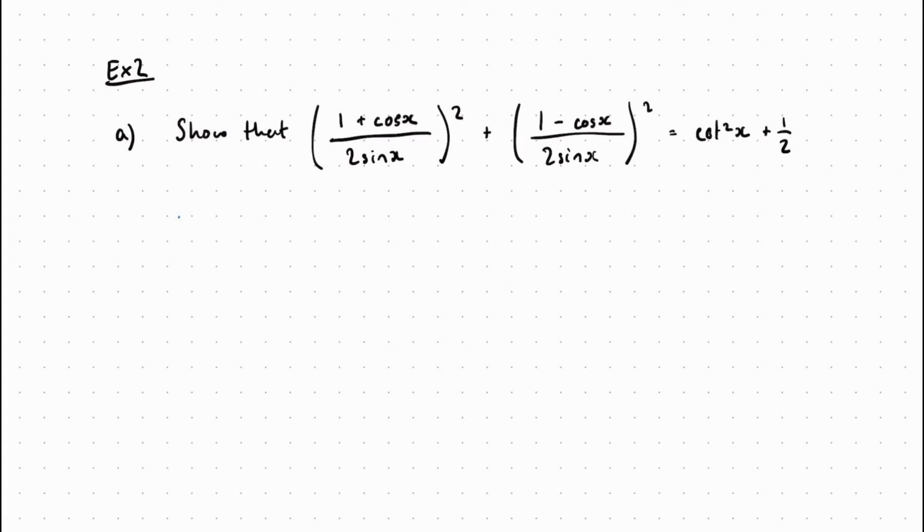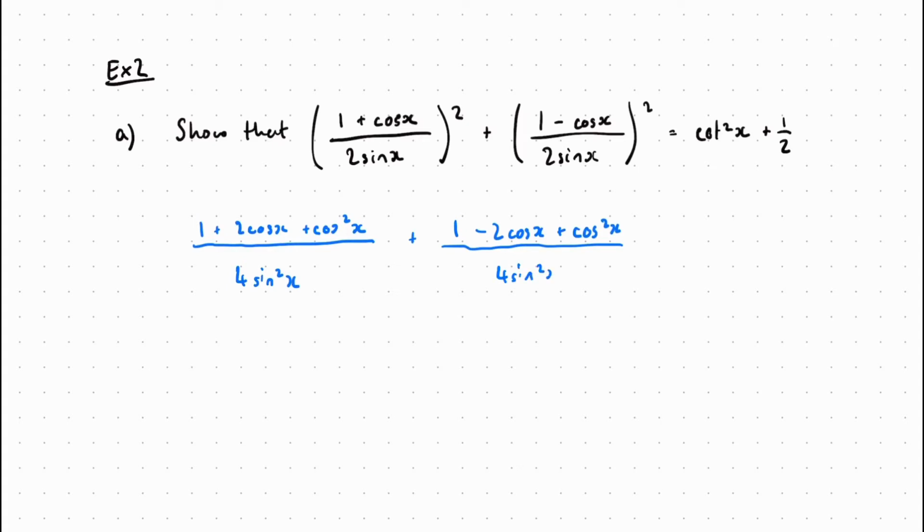So we're going to expand out the squares to get 1 plus 2 cos x plus cos squared x over 4 sin squared x, plus 1 minus 2 cos x plus cos squared x all over 4 sin squared x.